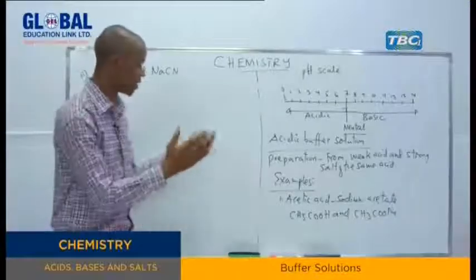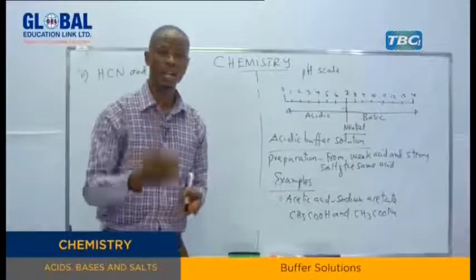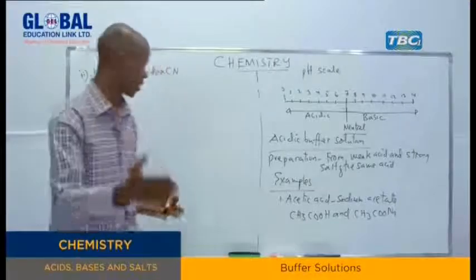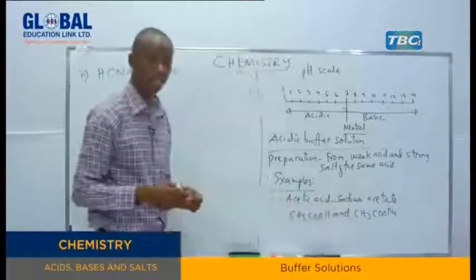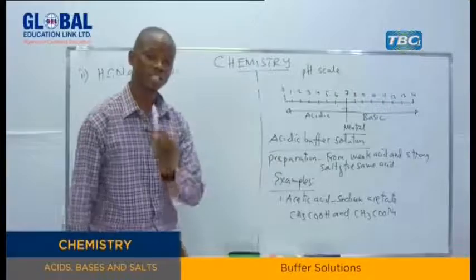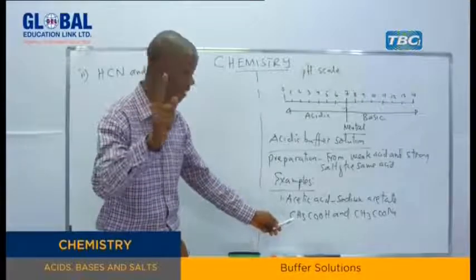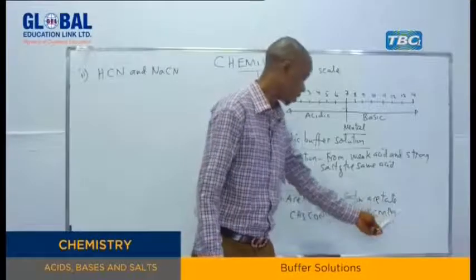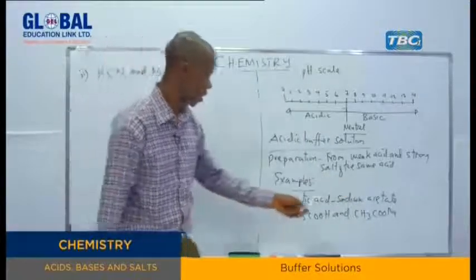Now, after we have discussed the acidic buffer solution in short, I can ask you the question, why is it called acidic buffer solution? For example, when we take acetic acid and sodium acetate, this is acidic buffer solution because the ionization constant for the acetic acid is greater than the ionization constant for its conjugate base.